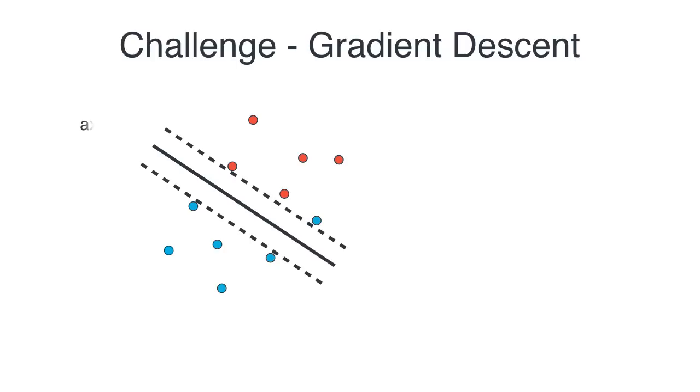So take a look at this. We have our lines with equation ax plus by plus c equals 1 and ax plus by plus c equals minus 1. And we have the margin over here and the margin error, which is a squared plus b squared. So if you're familiar with gradient descent, what happens is that we want to take a step in the direction of the negative of the gradient. So the gradient is the derivative of the margin error with respect to the two parameters a and b.